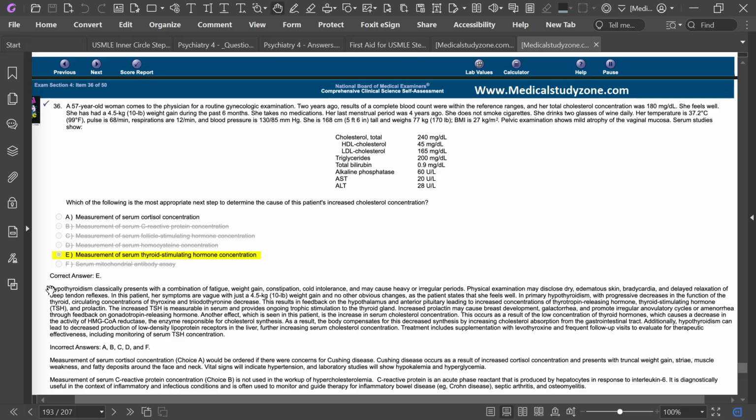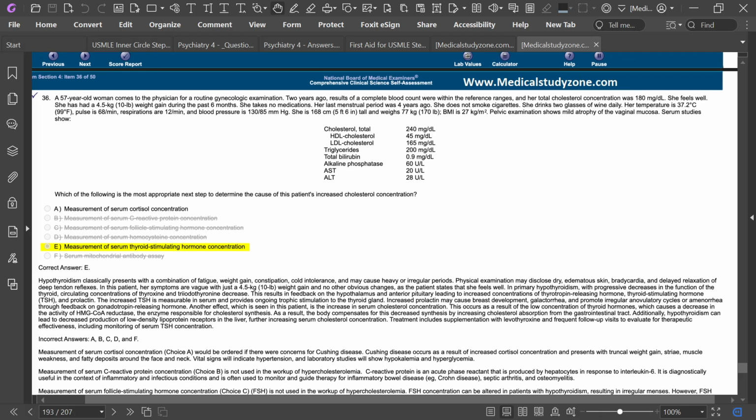What is cholesterol? Total cholesterol was fine 2 years ago, and right now is high. HDL is normal. LDL is high, highlighted.